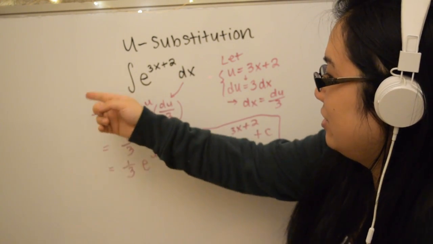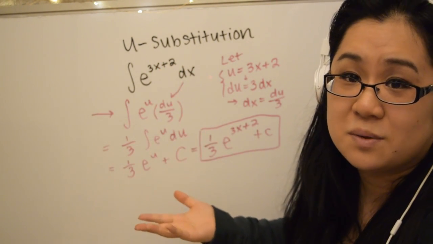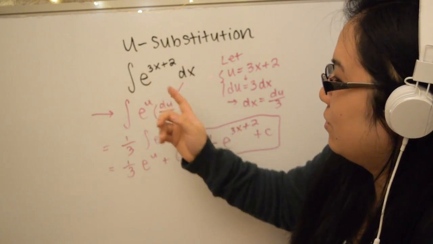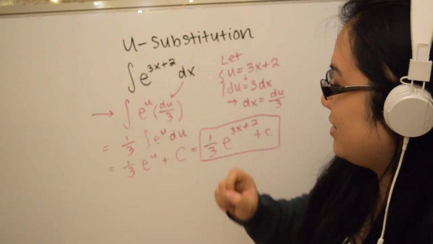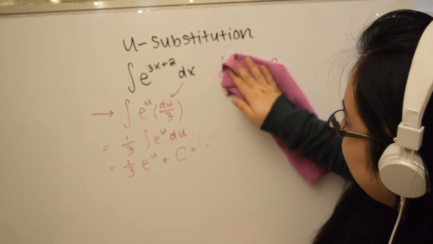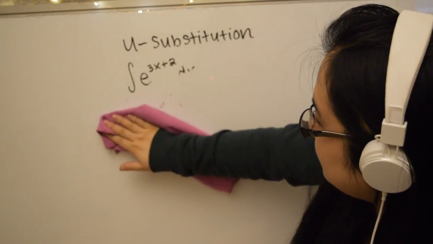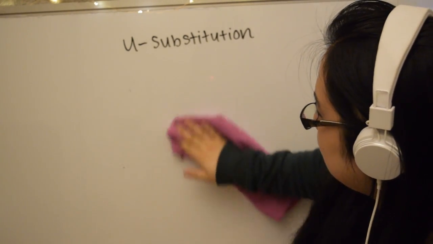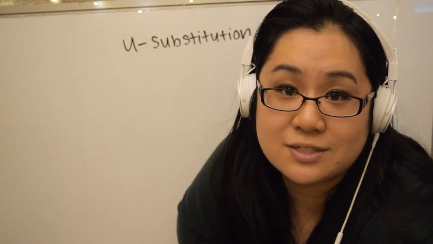It doesn't make sense to set the whole thing equal u, because that's just the original question. So you might as well pick this. But let's do an example where it might not be quite so straightforward, but gives us a sense of what we're picking for u and du.